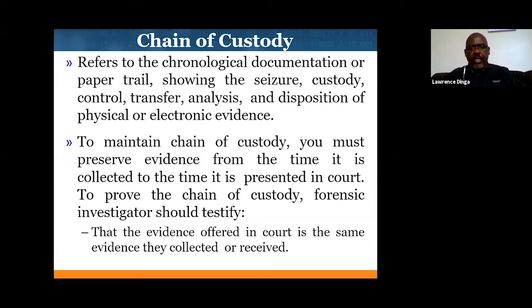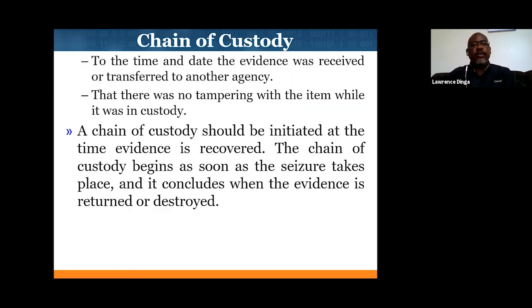To maintain the chain of custody, you must preserve the evidence from the time it is collected to the time it is taken to court. Now, the forensic investigator will be able to testify that the evidence offered in court is the same evidence that was collected or received. They also must testify to the time and date the evidence was received or transferred to another agency.